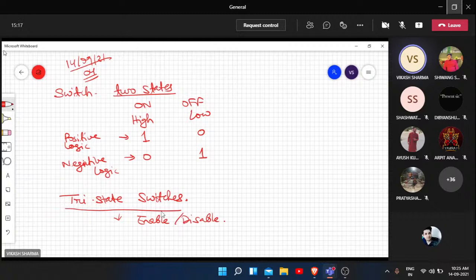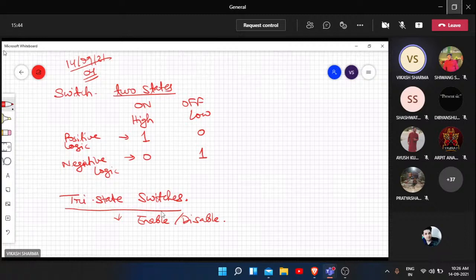They are widely used in digital applications. Keep in mind switches have got two states which can be represented by on and off, high and low, 1 and 0, or 0 and 1. Whether we use positive logic or negative logic also decides how to represent the status.